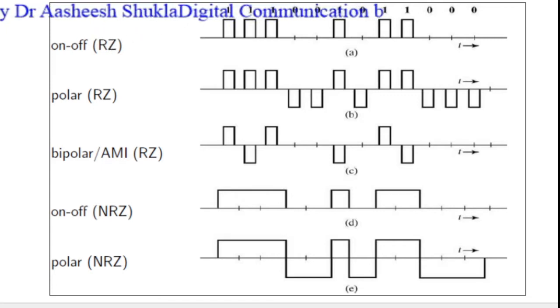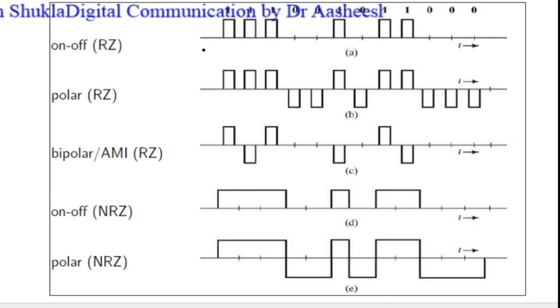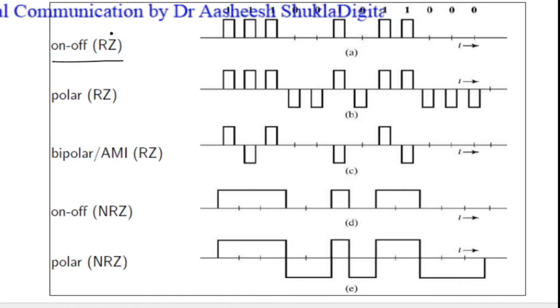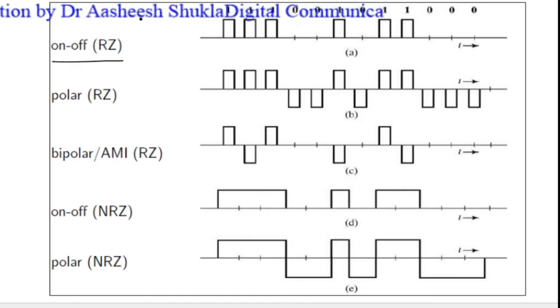What basically is the meaning of these examples? Here we have on-off RZ, which is on-off return to zero code. In this, we represent 1 by an on signal and 0 by an off signal.